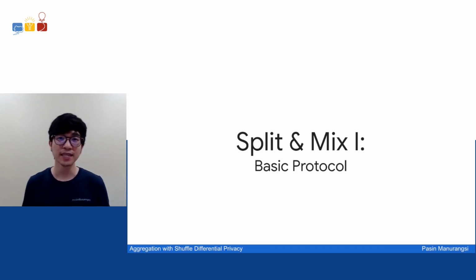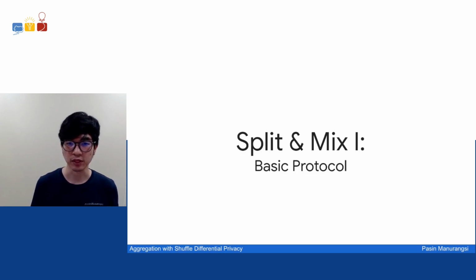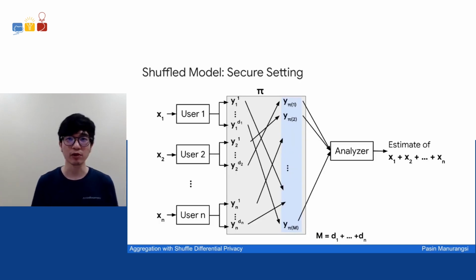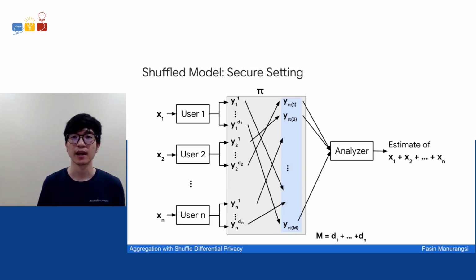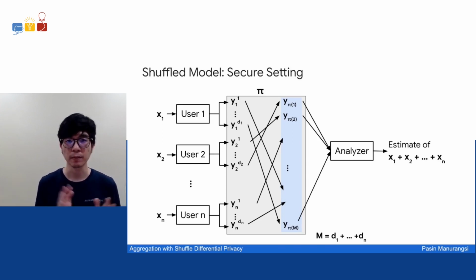Alright, so let's see this technique in action, and we will start with the most basic protocol. The root of this protocol actually comes from the work of Ishai et al. in the crypto literature. So let me start by defining a slightly different notion, which I will call security here instead of privacy to avoid confusion.